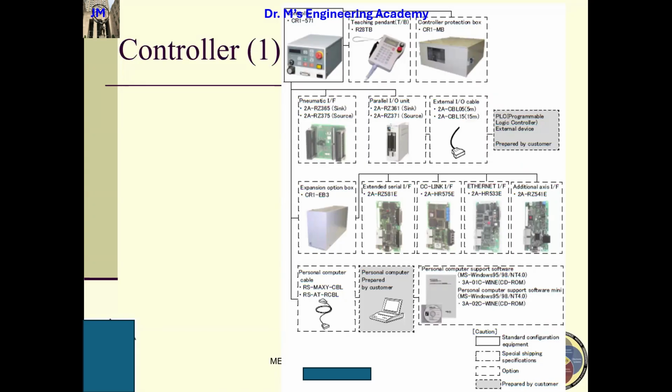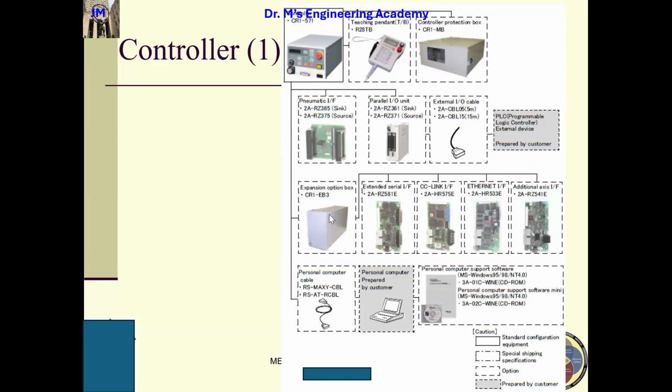Within the controller, we have a board, and we also have a pneumatic part. This is the parallel I/O, the external I/O series. You can connect the industrial robots with a PLC.